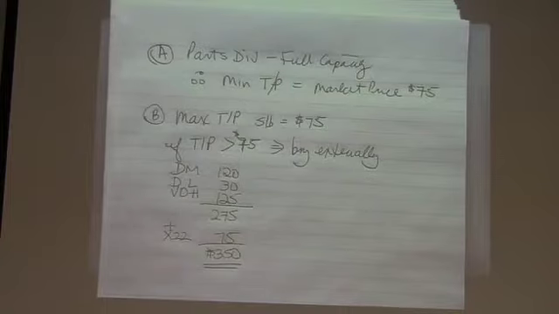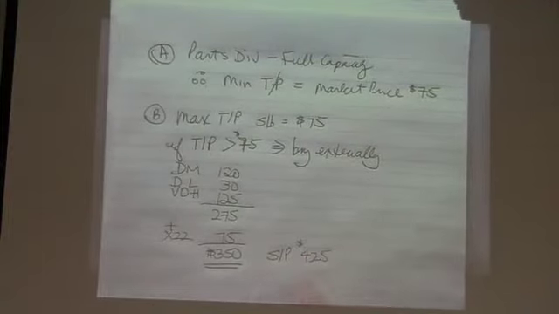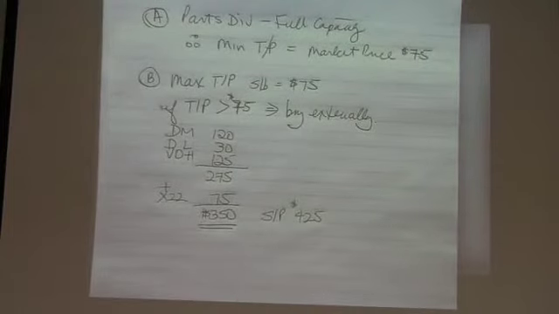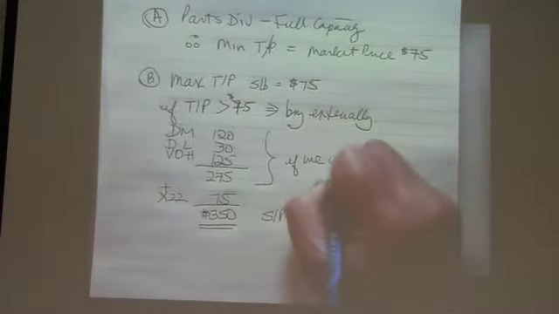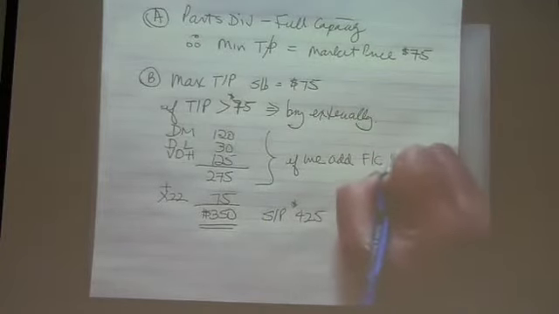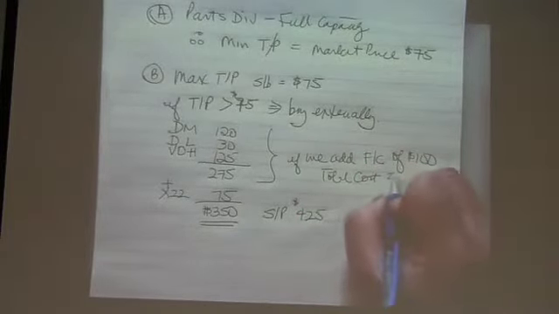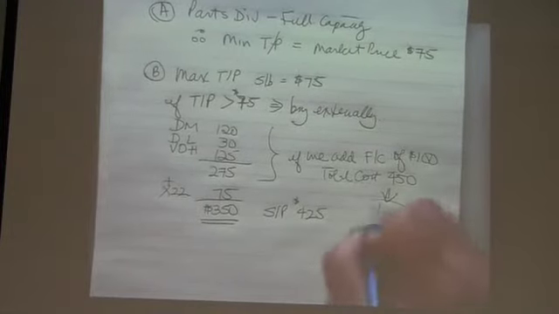Okay, and what was the sales price of this device? $425, right? So the sales price is $425, which is much more than that. Now, clearly the fixed cost is not relevant in this case, because if we add fixed cost of $100, then total cost is $450, and therefore the company would result in a loss.